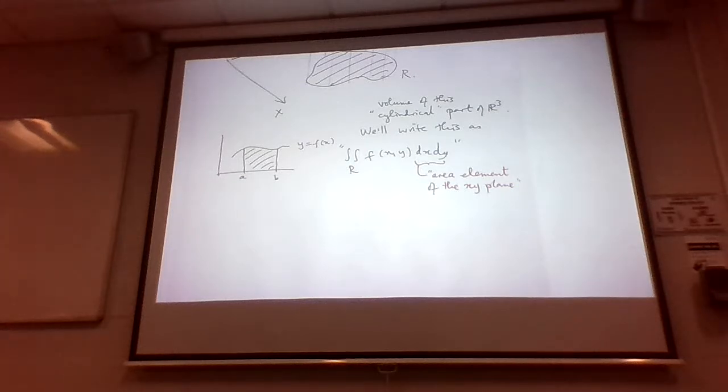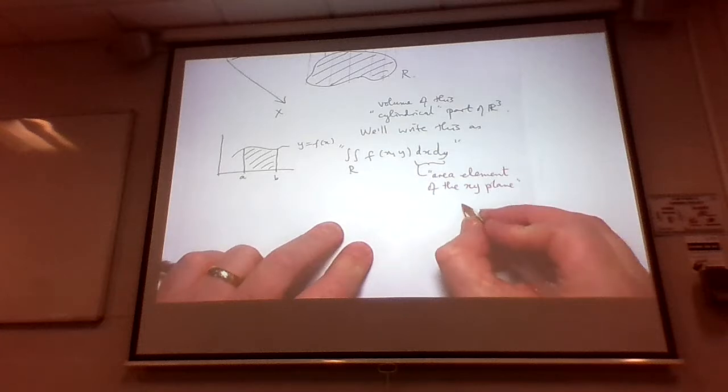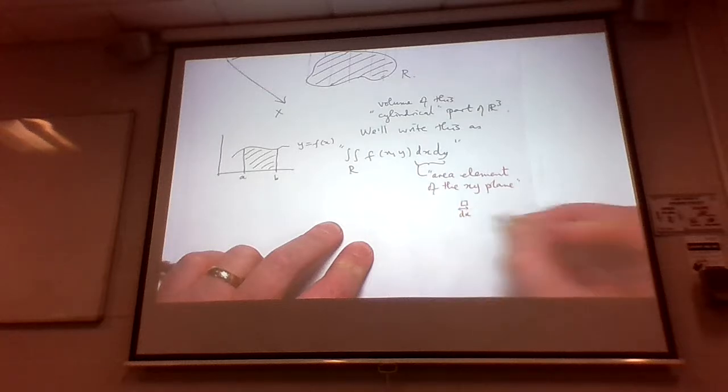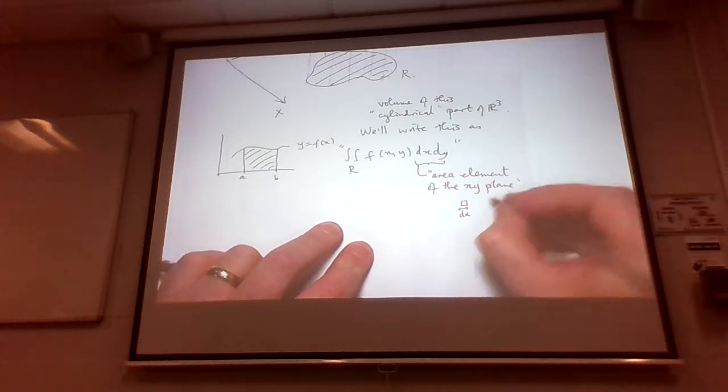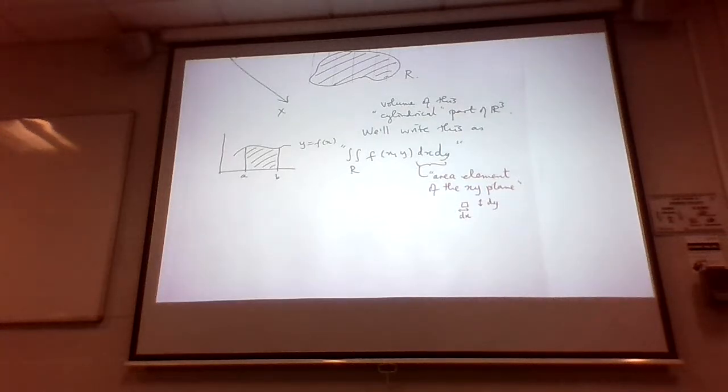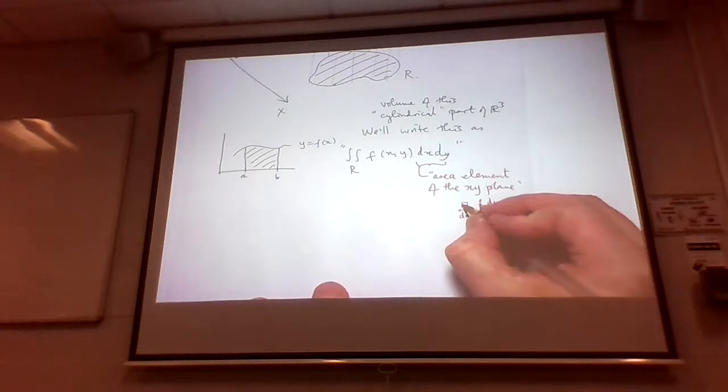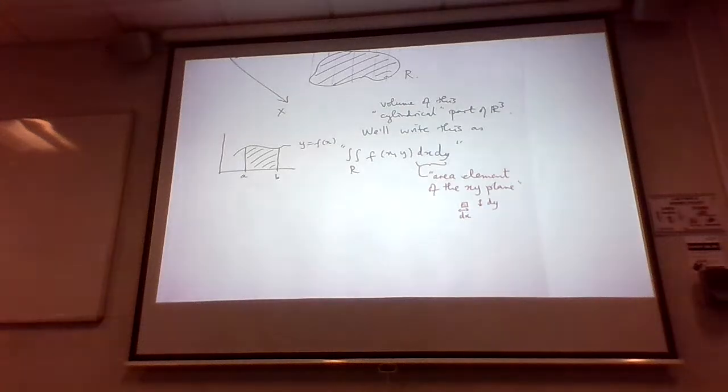You can think of it, for the moment anyway, as representing the area of a small rectangular region, where there's a variation dx in the x direction and a variation dy in the y direction. And it's talking about the area of this.